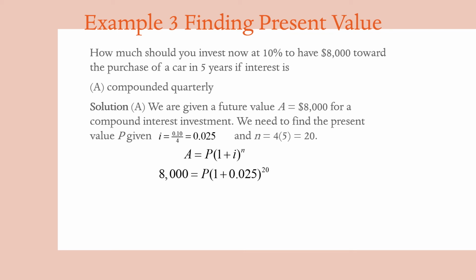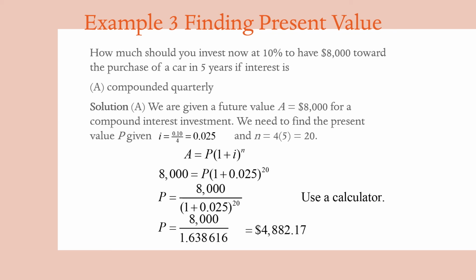But here the principal value, the present value P, is unknown to us. Since the total amount is given as 8,000, we are not investing 8,000, we are looking for 8,000 towards the end of the 5th year. So 8,000 is our total amount. Simplifying this, we can easily get the value for P as $4,882.17.